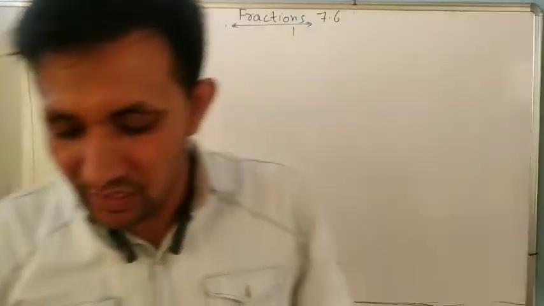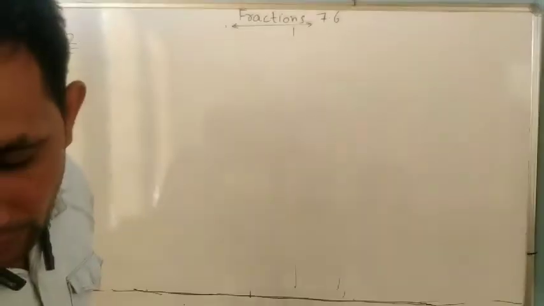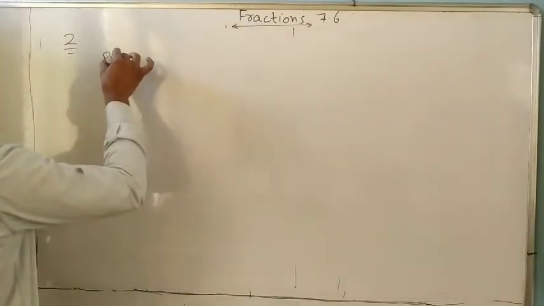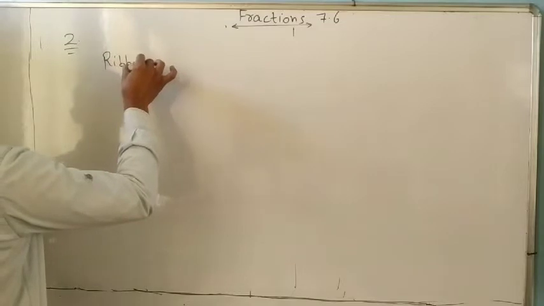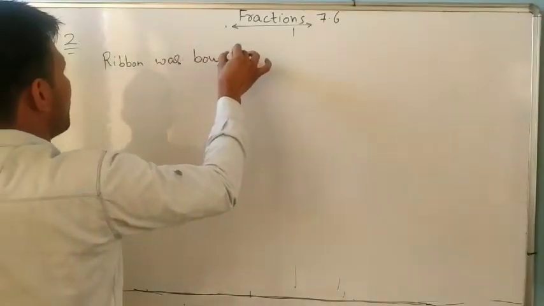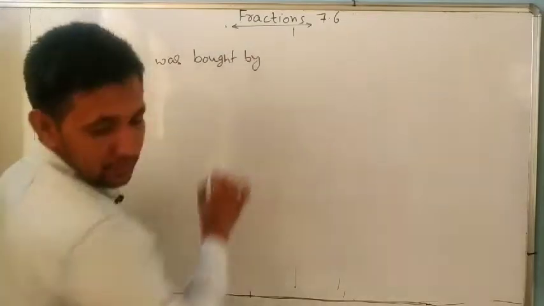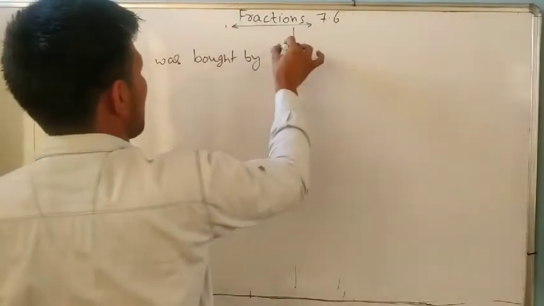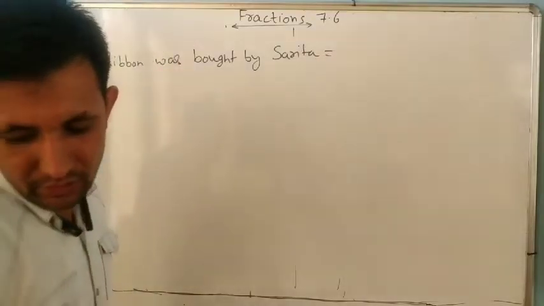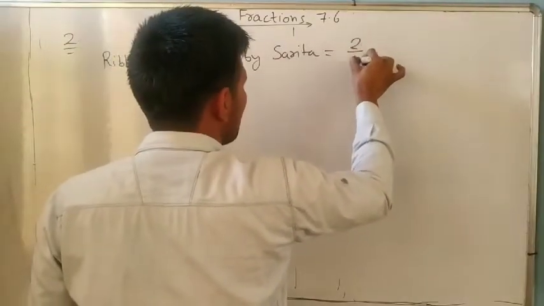So what is given? Sarita bought 2 by 5 meter of a ribbon. So we write: ribbon was bought by Sarita, how much? 2 upon 5.